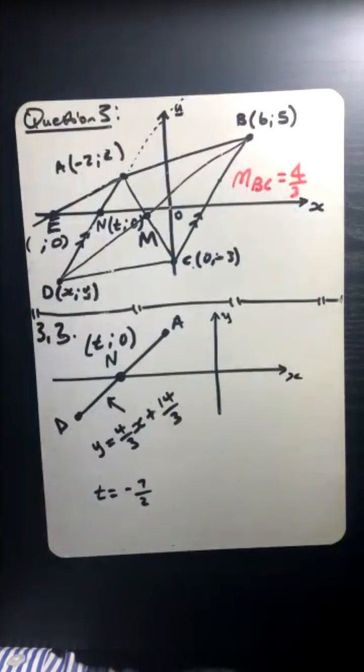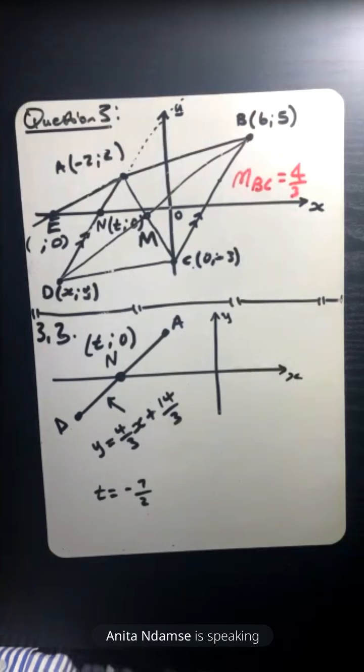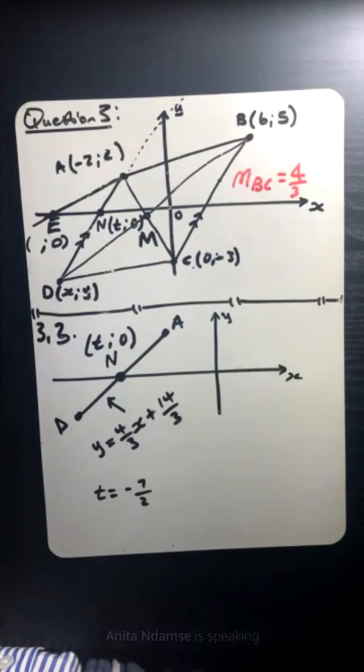Okay. Take us through that one, Anita. I used the equation y equals 4/3x plus 14/3. And I took those coordinates, t and 0. It's t and 0, right?